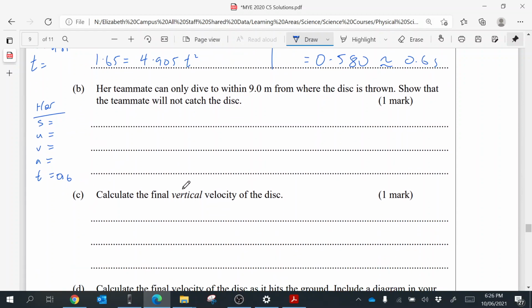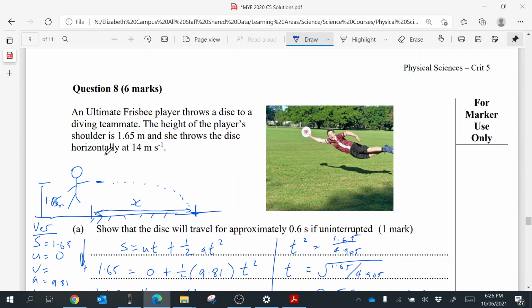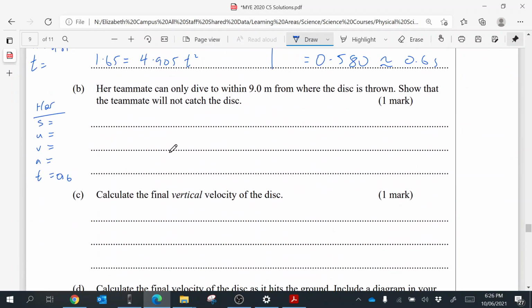We'll use the value that they gave us, 0.6. It's horizontally at 14 meters per second. So U is 14.0 meters per second. A is equal to 0, and S is what we're looking for. Okay, so we have those ones. Alright, so this time we can use S equals UT again, plus a half AT squared.